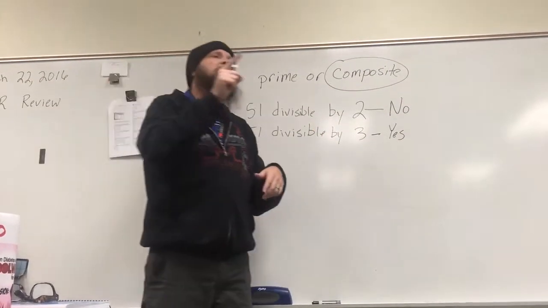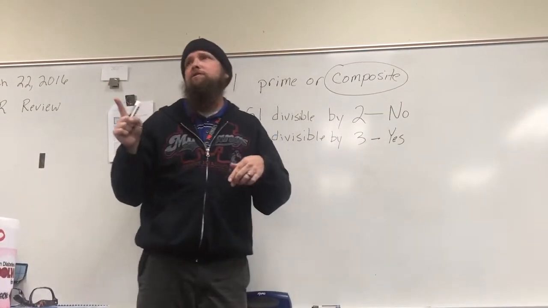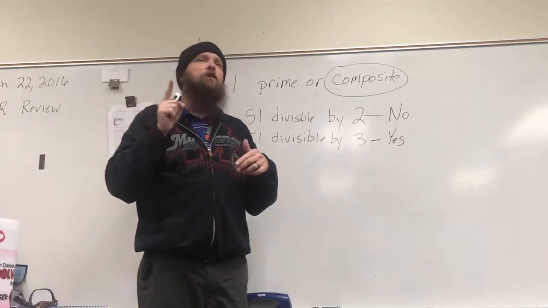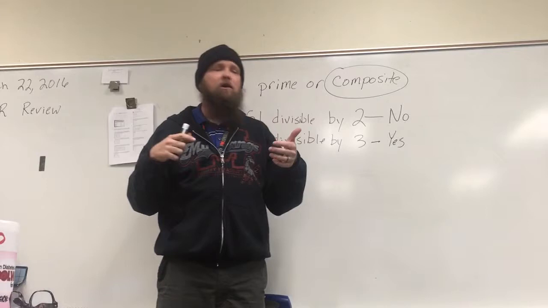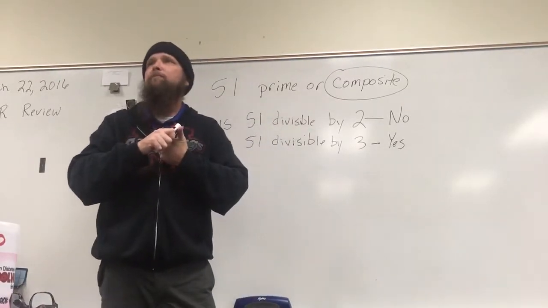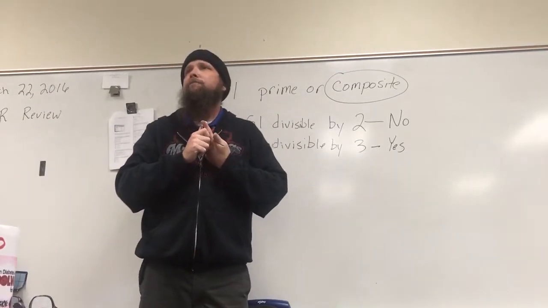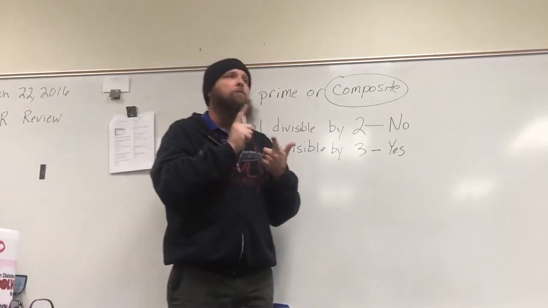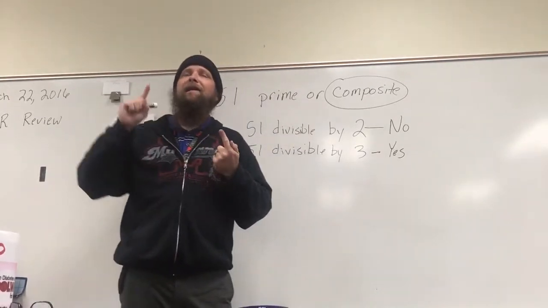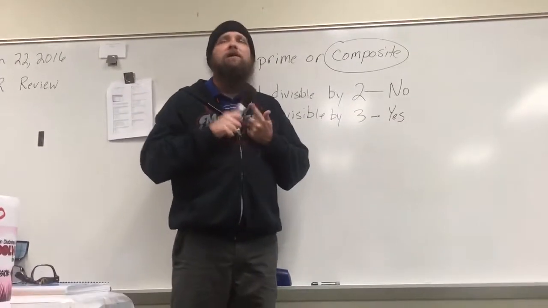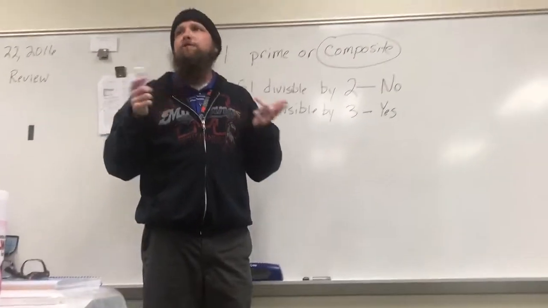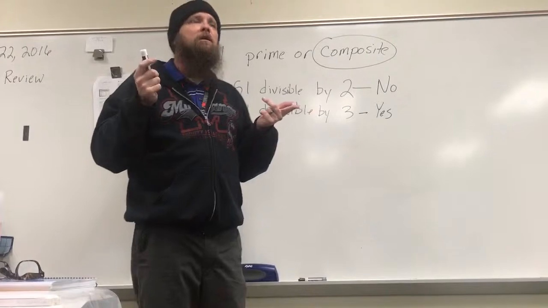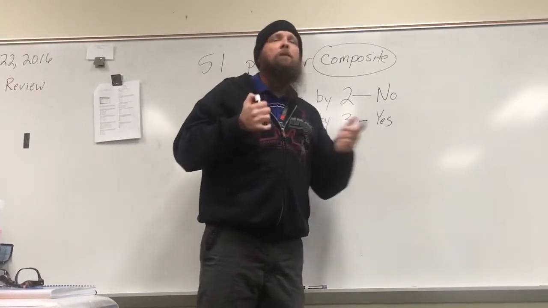Now I'm going to tell you the ones that trick you up the most. The ones that are going to trick you up the most as far as thinking if they're prime or not when you don't have your chart is 51 and 39. Those are going to be the ones that trick people the most. If I want to guarantee to get half of the kids to get an answer on a test wrong, I don't let you use the formula chart, I'll just put is 39 prime or composite.